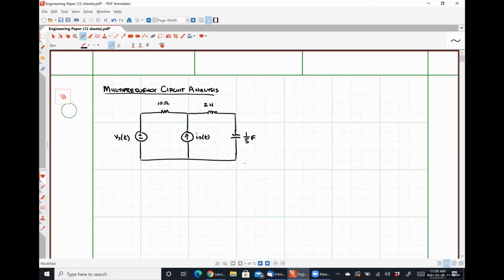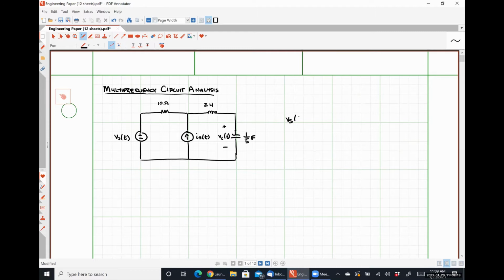And our ultimate goal, let's say, is to determine the voltage drop over our capacitor, Vc, as a function of time.